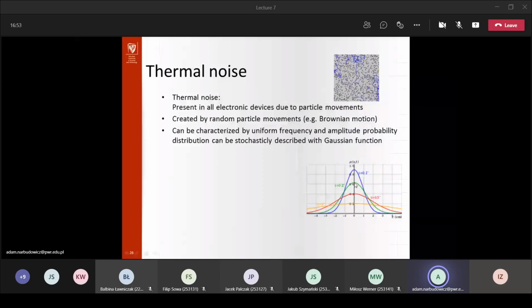But this Gaussian statistic is applied typically to the amplitude level in the time domain, right? So this is like the probability of occurrence. However, this is not a spectrum of the signal itself. If you look into the frequency spectrum of the noise, of the white Gaussian noise to be precise, it will have the same amplitude on average from minus to plus infinity.